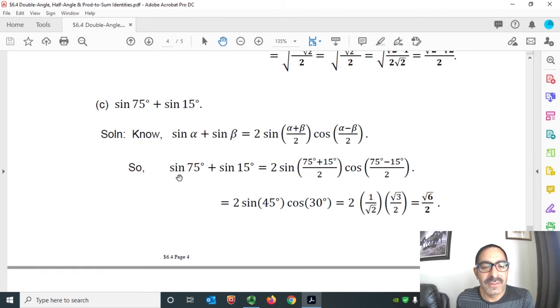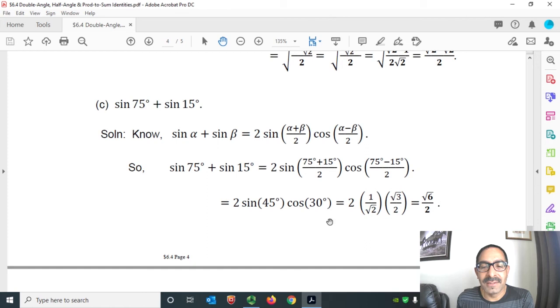So plug in the values. Sine 75 degrees plus sine 15 degrees equals, on my right side, 2 as it is, function sine as it is, alpha plus beta is 75 plus 15 over 2, then cosine as it is, 75 minus 15 over 2. Great. I hope everyone's following me on this step here.